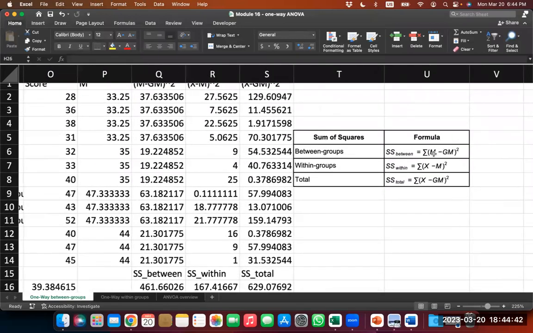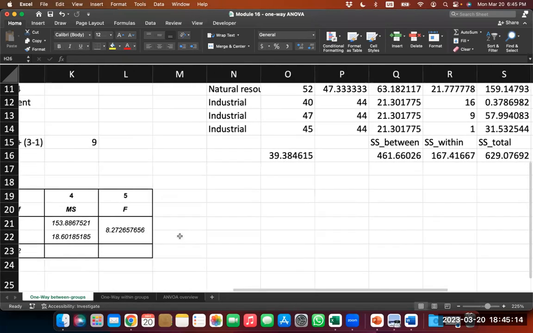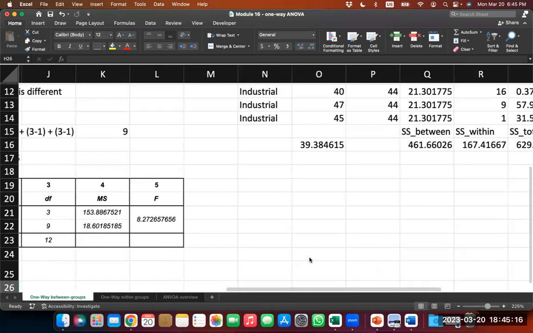So m minus the grand mean for each individual, squared, gives you the deviation; the sum of those squared deviations is the sum of squares between. x minus m, so the individual score minus the mean for each individual score, squared, gives you the sum of squares within. And the total is the individual x minus the so-called grand mean, which gets you the total variability of each individual entry, and is also the sum of squares between and sum of squares within.